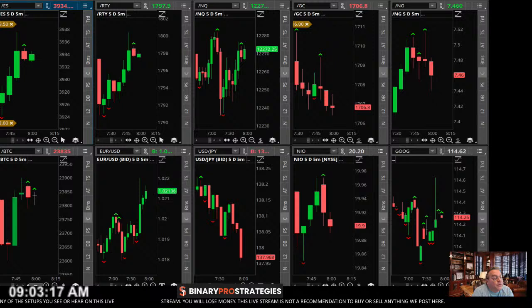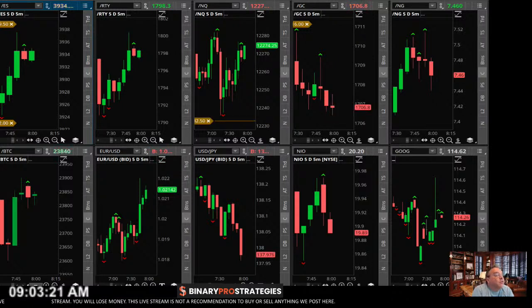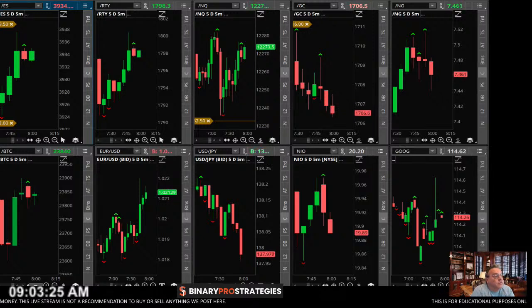That is going to be our profit target. If it needs to reverse, it's going to reverse at 123.45.